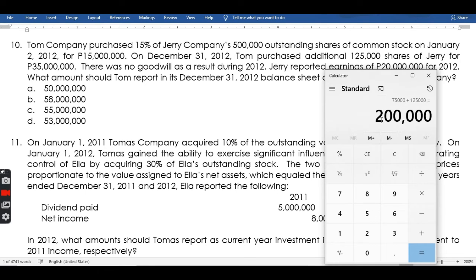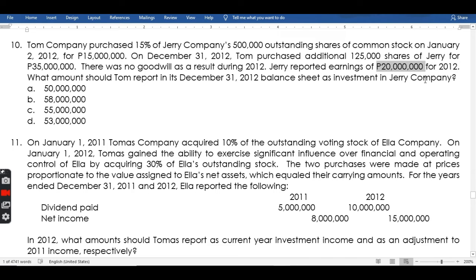Okay? So pag 200,000 na yung hawak mo, then you are already going to have an interest that is going to be considered as an associate already. Ang problema, bumili ka kasi nung additional nung December. Ayun, no? December ka bumili. So kung December mo binili, December lang naging associate. So kung December lang naging associate, kailan ka lang magkakaroon ng right to receive a portion of the income?